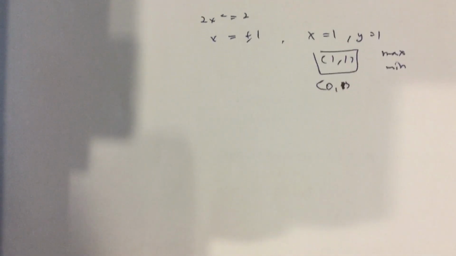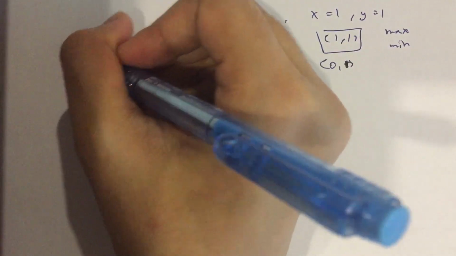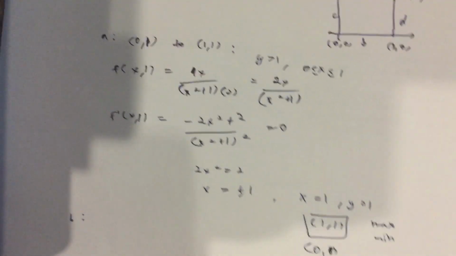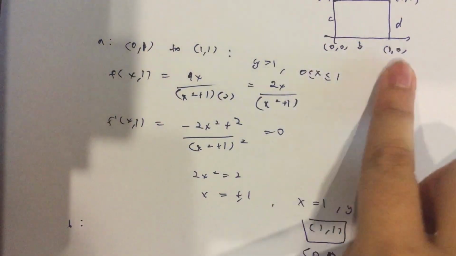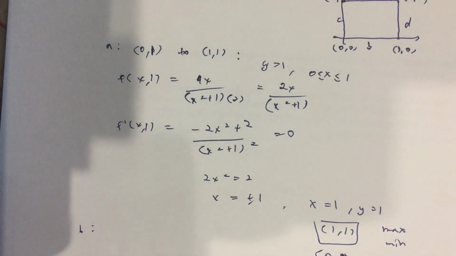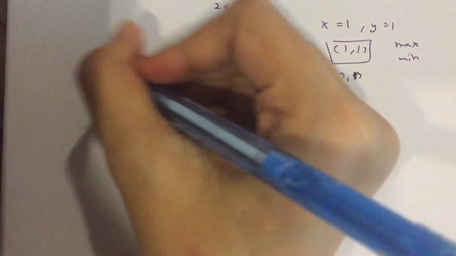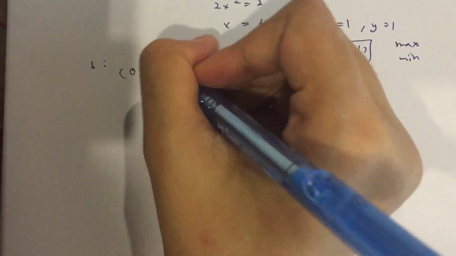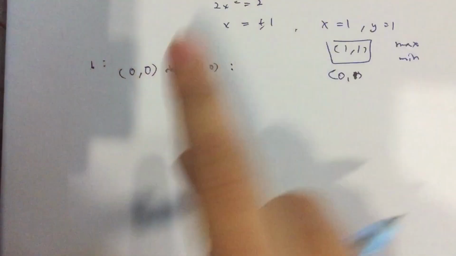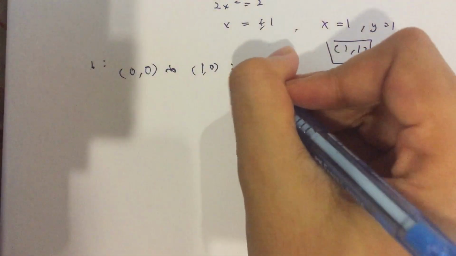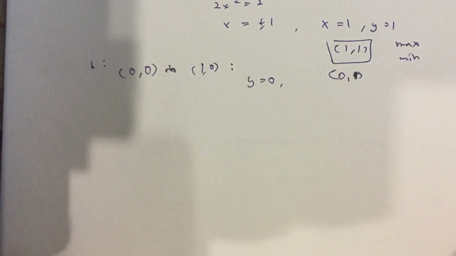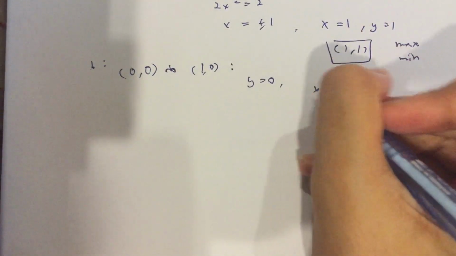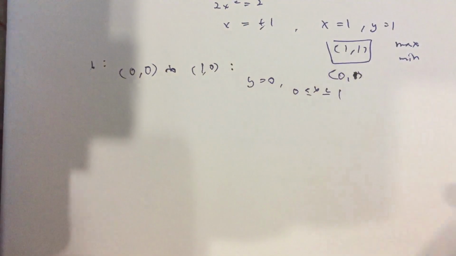So now let's see boundary B. So for boundary B, this one is from 0, 0 to 1, 0. So from 0, 0 to 1, 0, and then for this one we have y is equals to 0, and we have x is in between 0 to 1.